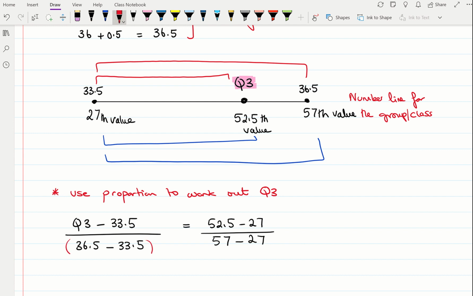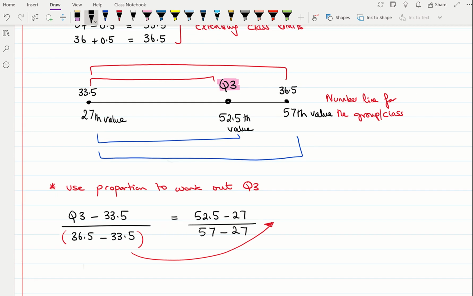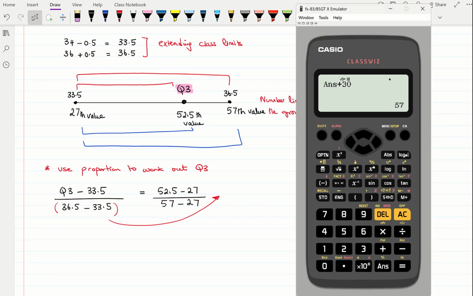You can straight away multiply to get rid of the fraction. This is what I would type: the fraction 52.5 minus 27 over 57 minus 27, and then times, in brackets, 36.5 minus 33.5.